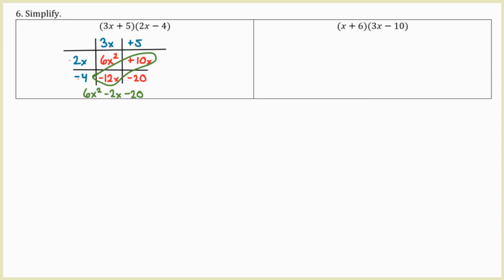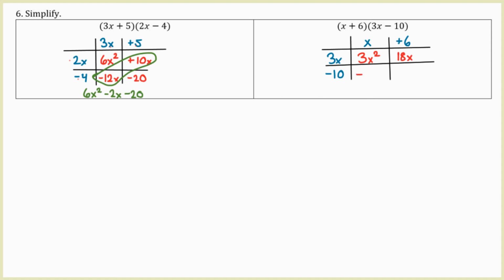And then our next one, let's do it once again. Make your tic-tac-toe. We have x plus 6 and 3x minus 10. 3x times x, we get 3x squared. 3x times 6, 18x.